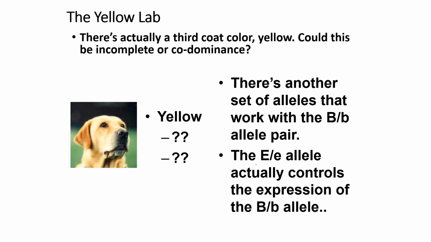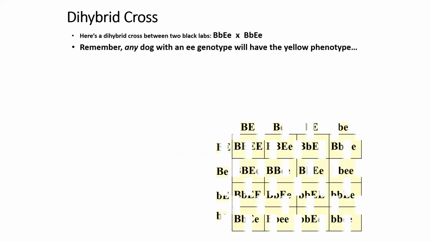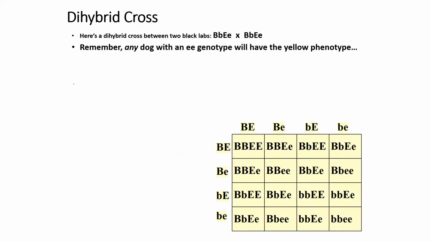And this allele is allele E. And allele E determines whether or not the black or the brown color shows up in the coat. Right? So because of that, when we have a functional allele E, then the animal can be black or brown.